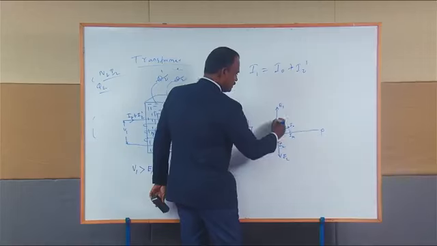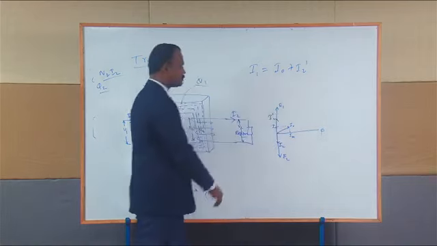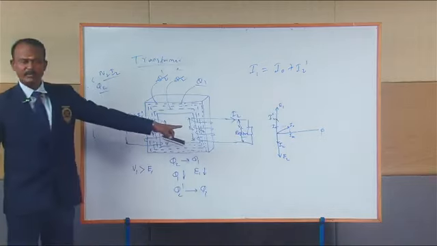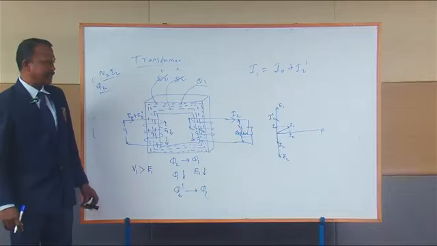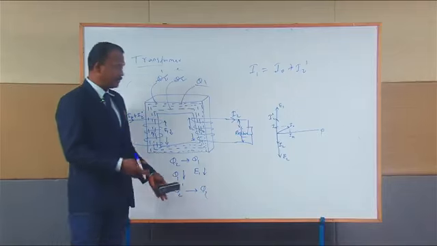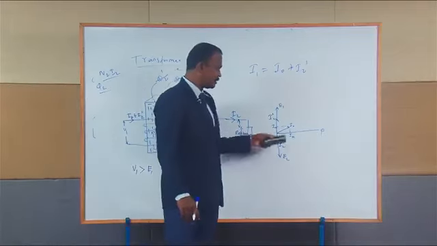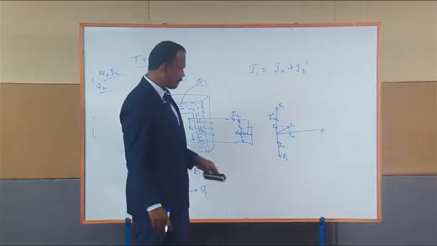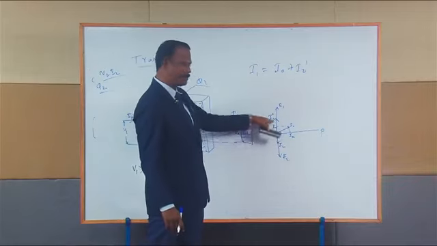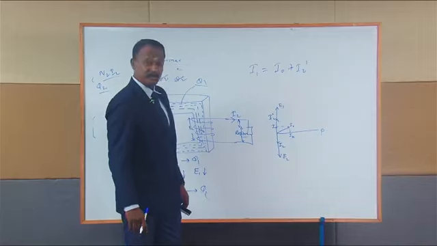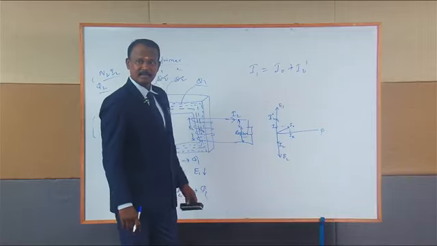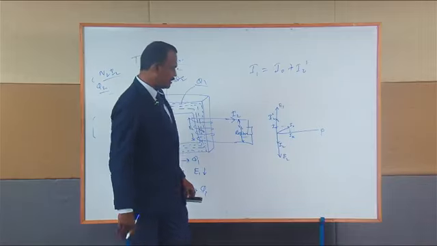Then definitely my I2 dash will be here. When you know the I2 here, my I2 dash is equal in magnitude, but it is in phase opposition with I2. So I2 dash will be here. If you want to draw I1, it is a vectorial sum of I0 and I2 dash.